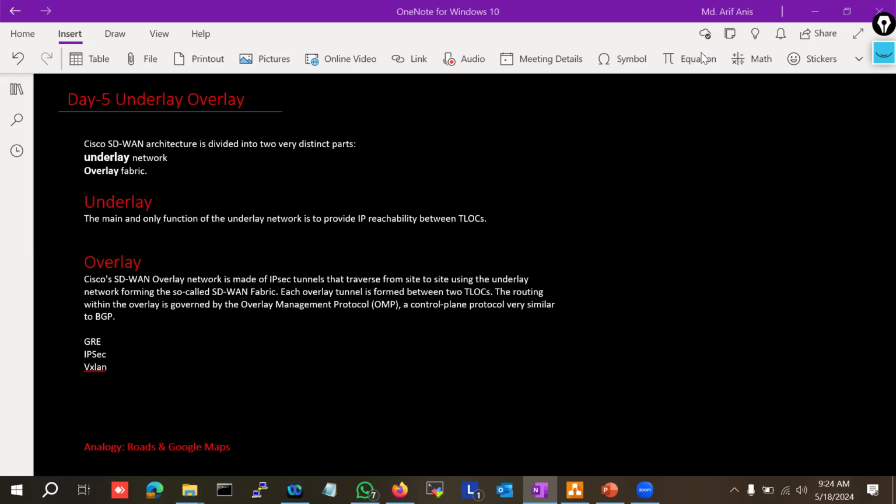Even if we want to understand VXLAN EVPN technologies, we have to understand underlay and overlay. Without this, we will not understand the fundamentals of SD-WAN, because this is the fundamentals of SD-WAN.